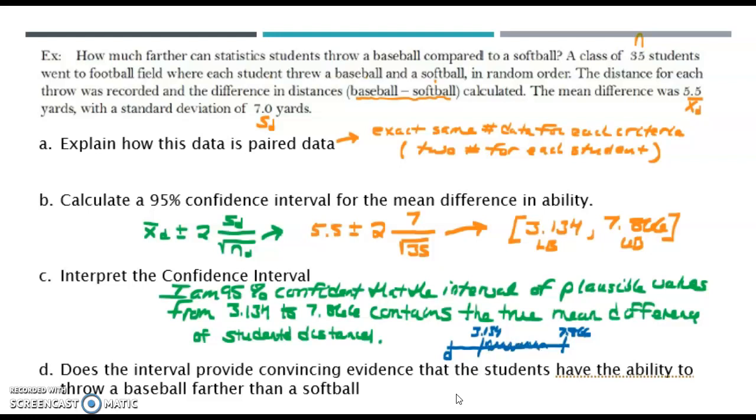So here we go. Here's the question again. Does that interval provide you convincing evidence that students had the ability to throw the baseball further? So what you're going to say is, hey, since the interval is entirely positive, is all positive, let's do that. All positive, we have convincing evidence.